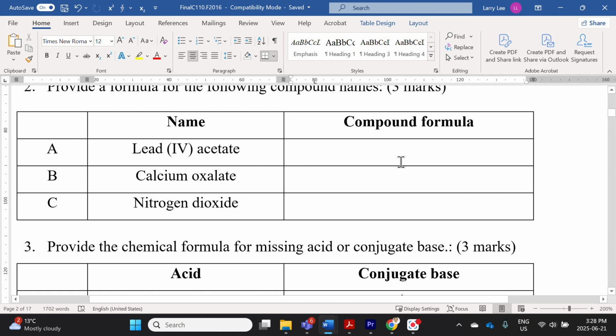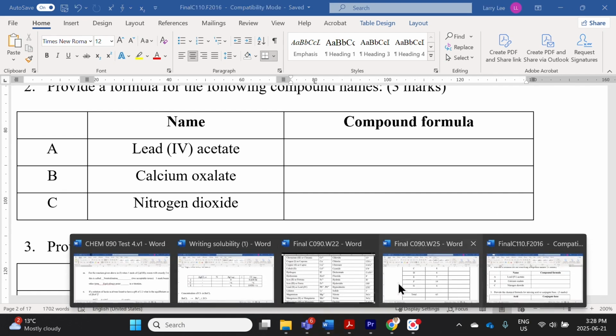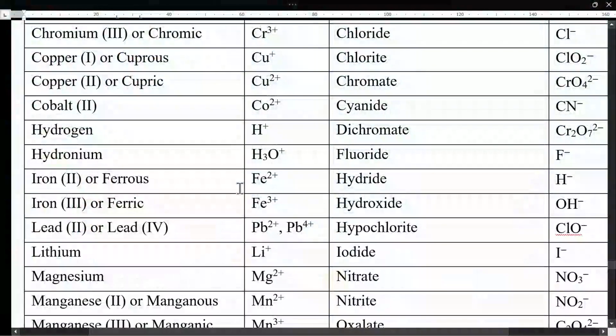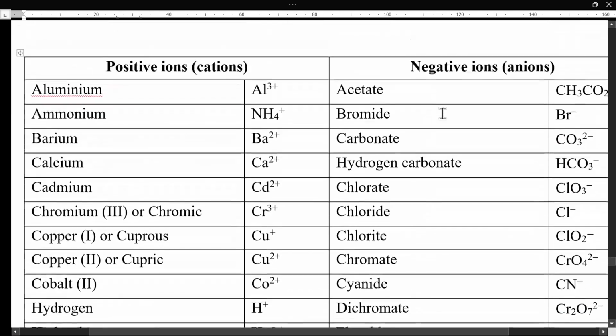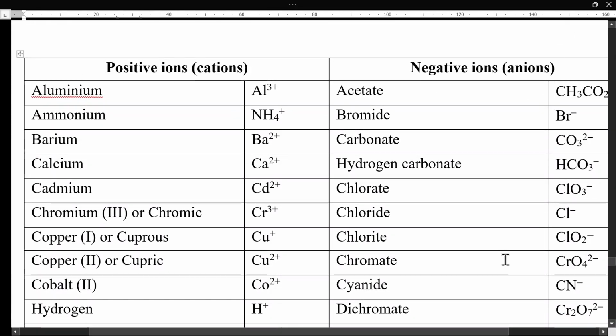Lead 4 acetate. You go to the common ion table. Here it is. Lead 4, Pb4 right here. How many acetates do you need to balance that? There's only a negative charge on the acetate.